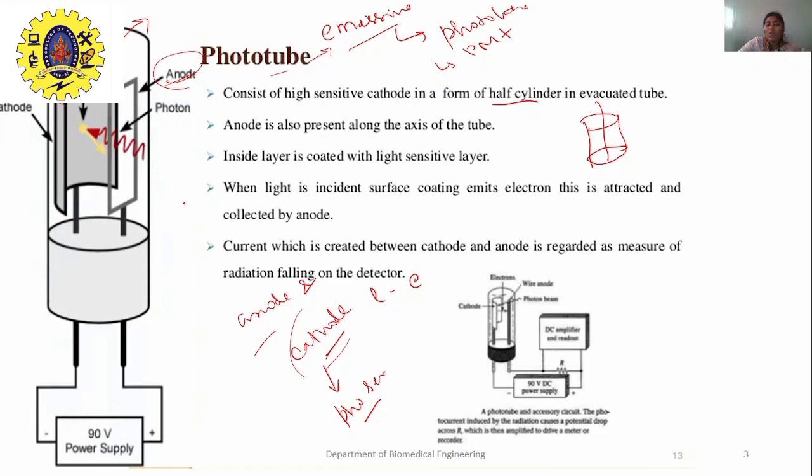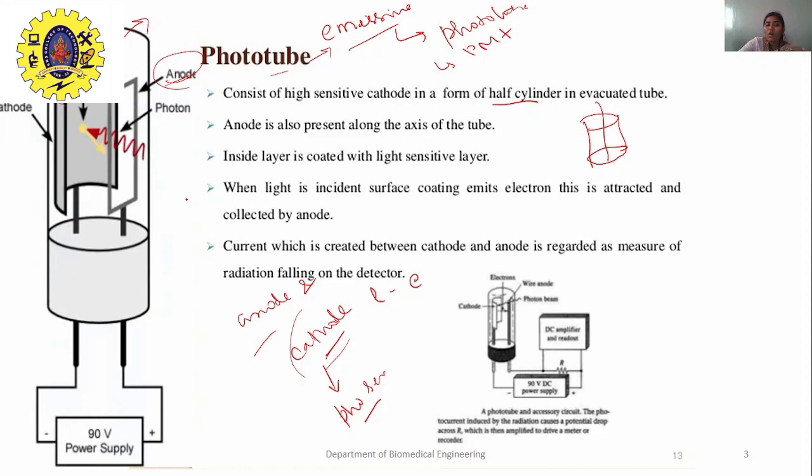Now we have discussed how the photon is converted into electrical energy, by using a photoelectric transducer. This is a device where you convert photons by means of a photosensitive material. Whenever photons strike that material, it starts to emit electrons. These electrons emitted from the sensitive material are collected by the anode, which is called the anode current.